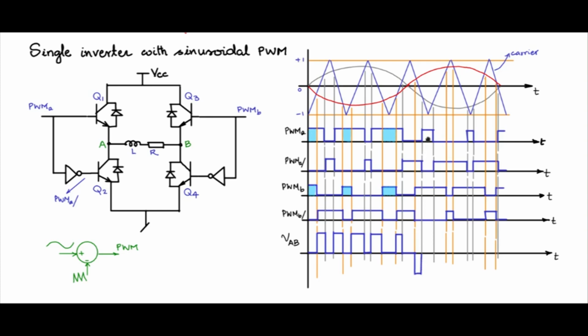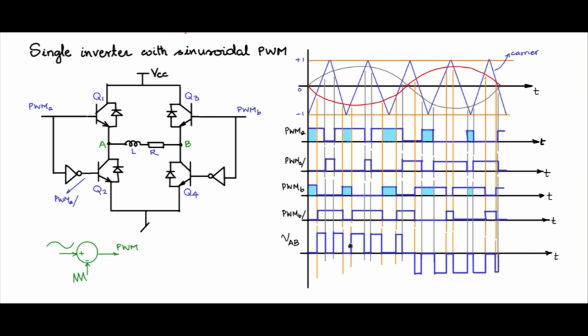And you have PWM-A and PWM-B coming in together, so 0. PWM-B is positive, PWM-A is 0, so VAB is negative, and 0. Here again it is negative, 0, because these two cancel, negative, 0, and so on.